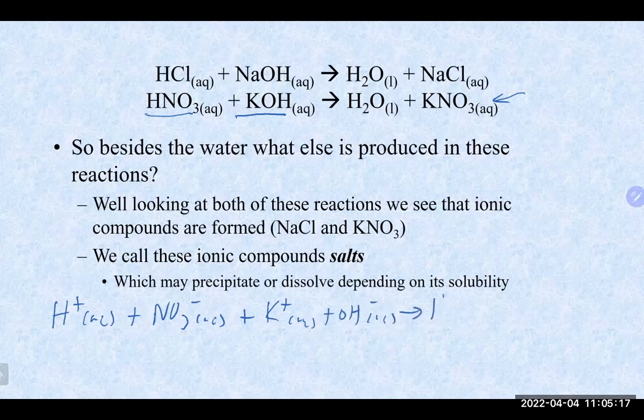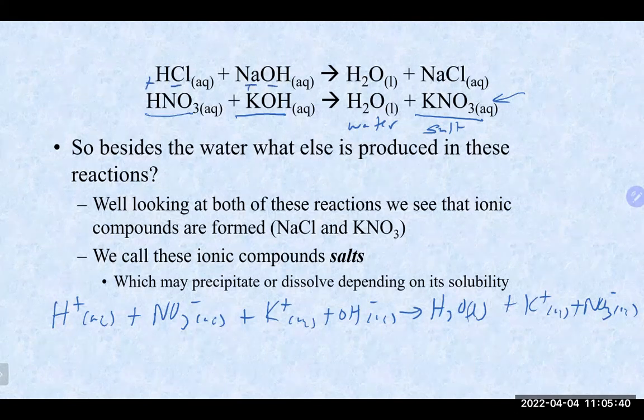Here we would keep water together as it's a pure liquid. This is a salt, which will break apart into K plus and NO3 minus. So this is our salt over here, and this is obviously our water being formed. This is a positive, negative guy, positive, negative guy, so we know it's a double displacement reaction.